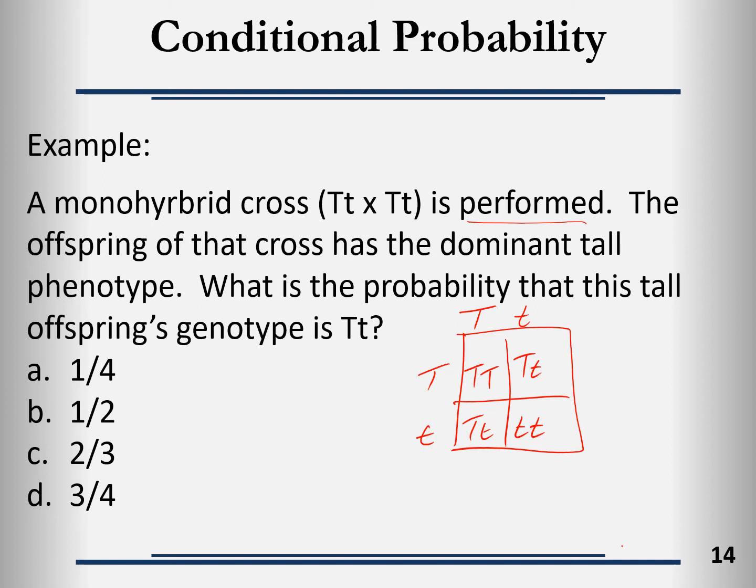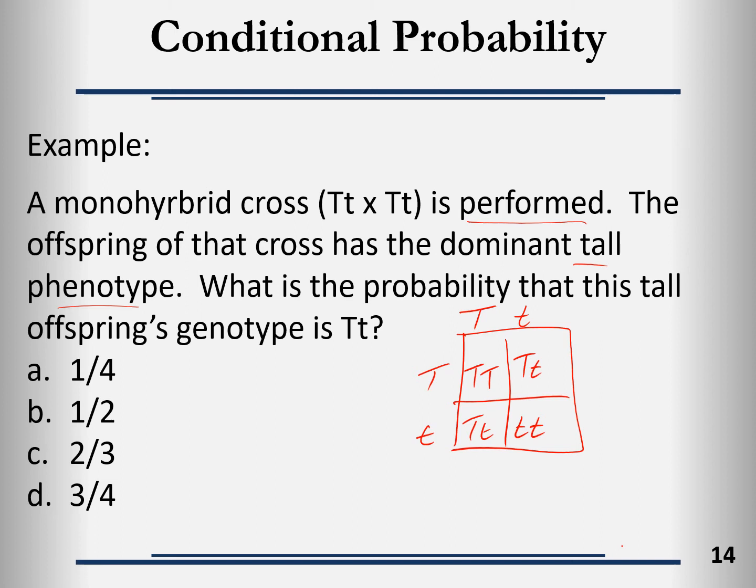One of the offspring of that cross has the tall phenotype. So let's say we're dealing in plants, like Mendel's pea plants. Mendel does the monohybrid cross. One of the offspring is the dominant phenotype. That plant is sitting on his desk. He's looking at it, and he says, that obviously has the dominant phenotype.